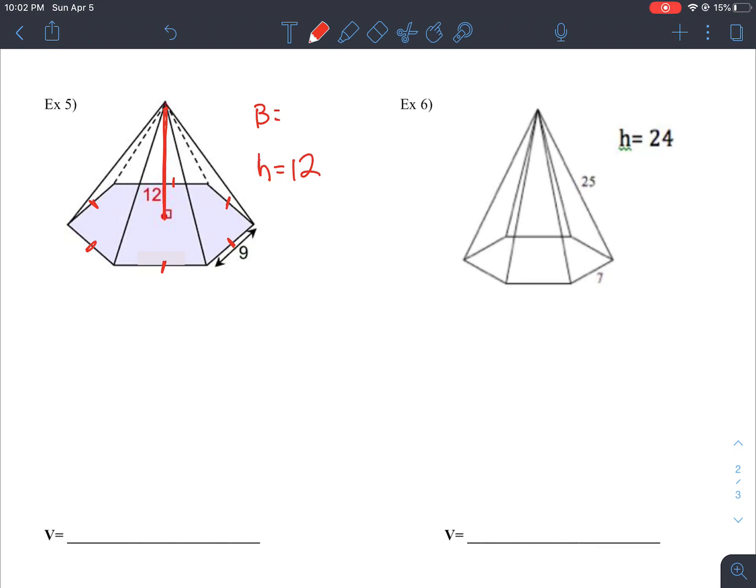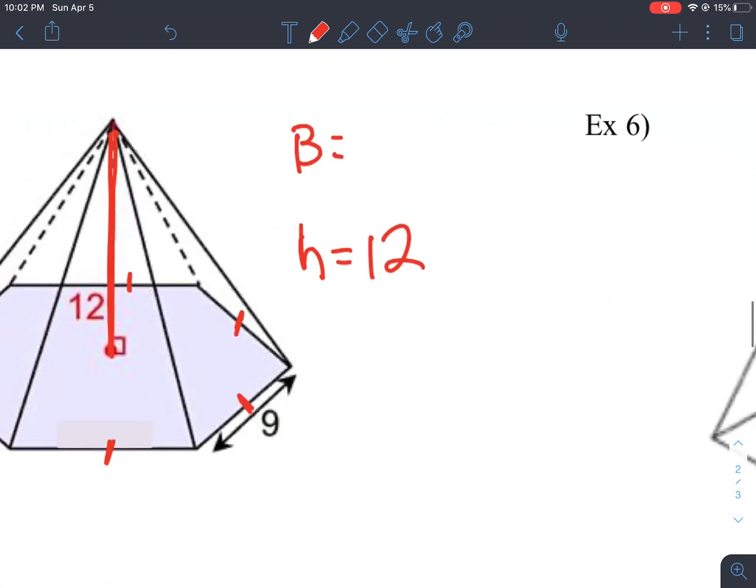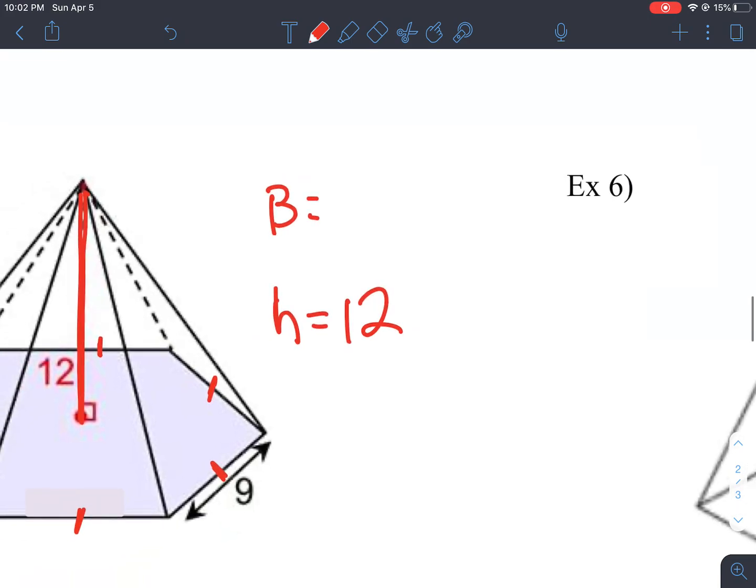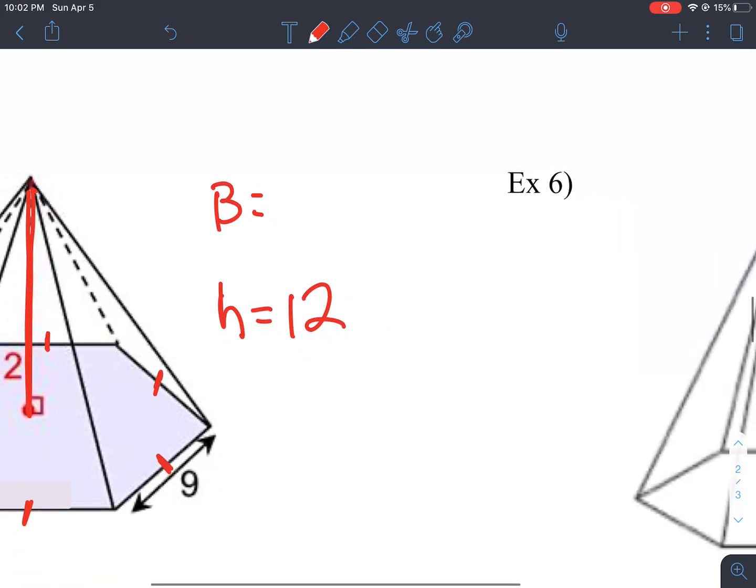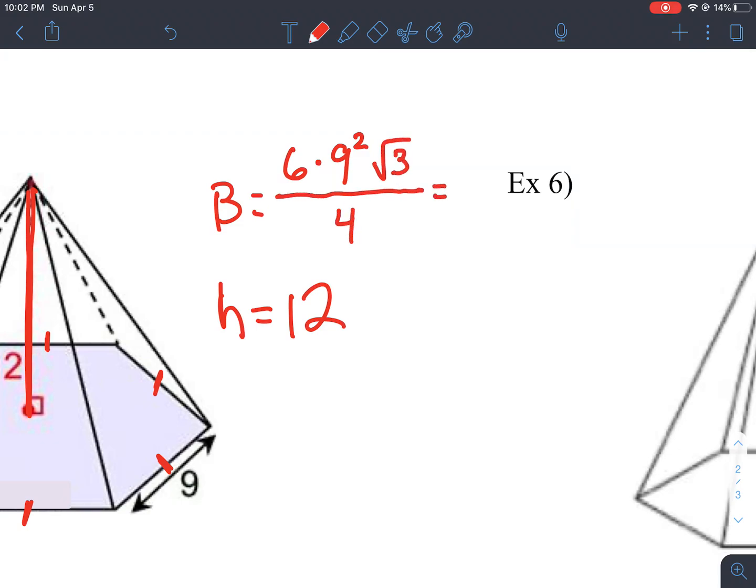Now, we learned a nice formula last unit in order to find the area of a hexagon. If you don't remember what it is, we'll review that now. It was 6 times s squared root 3 over 4, where s was the side length. So s squared is 9, squared root 3 over 4.